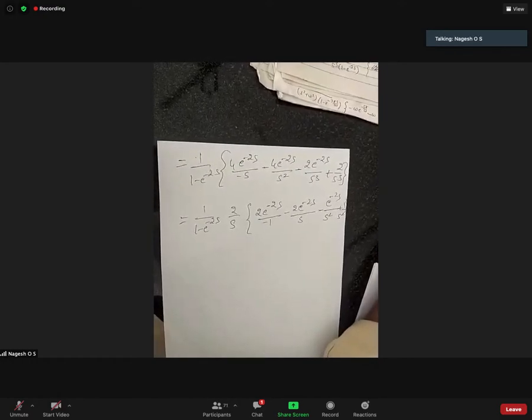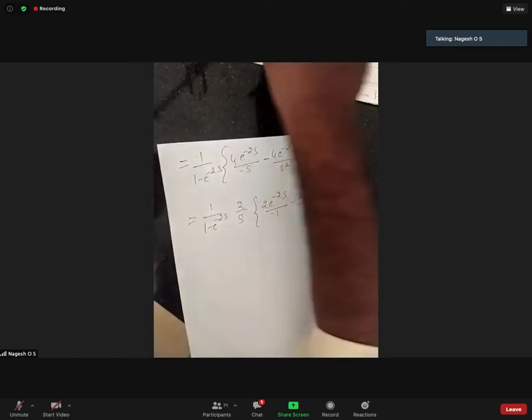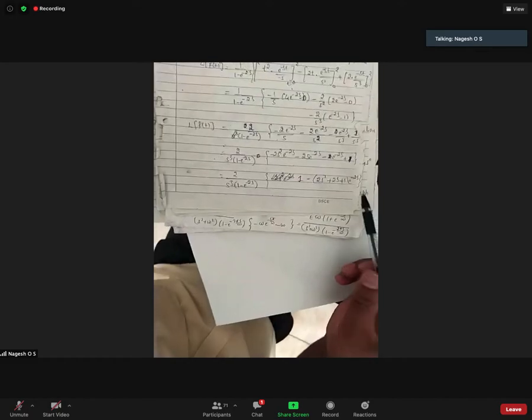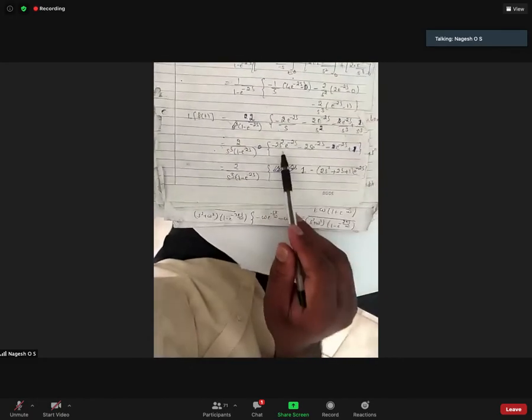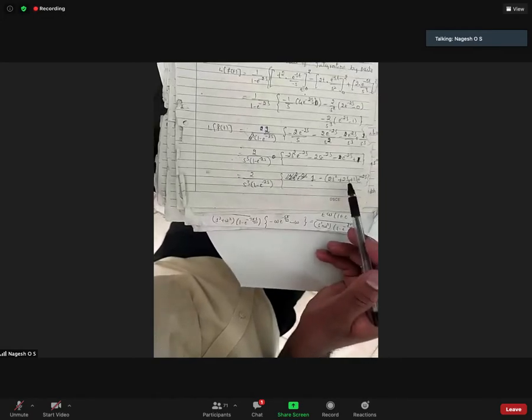If you take s cube common, then you will get like this. So you can leave it here itself, or if they ask to prove, then take s cube common. Here they took s cube common. Take LCM, take s cube common. Then it will become 1 minus of this, or you can leave it here itself. Just apply the limit and leave.